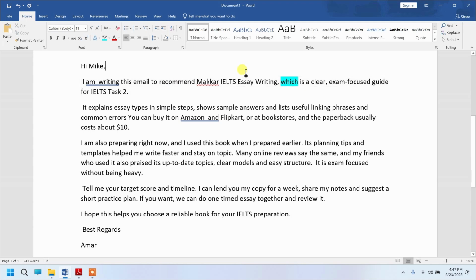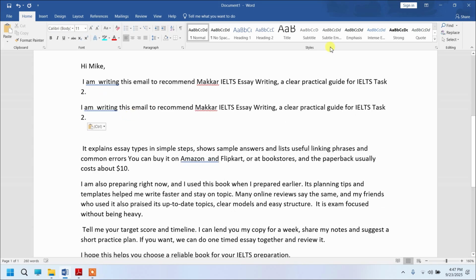I will keep both versions so that you know what my original one was, the way I do when I check your essay. So: which is a clear practical guide; which is a clear, comma, exam focused guide. I just added this and it became a complex sentence.